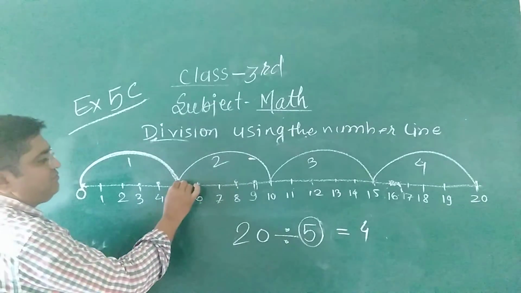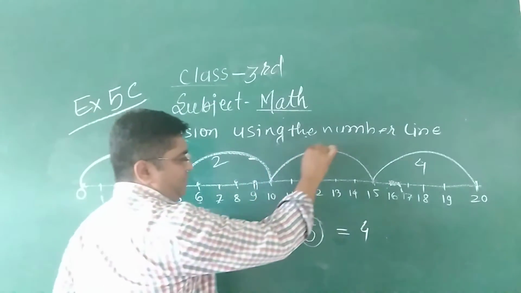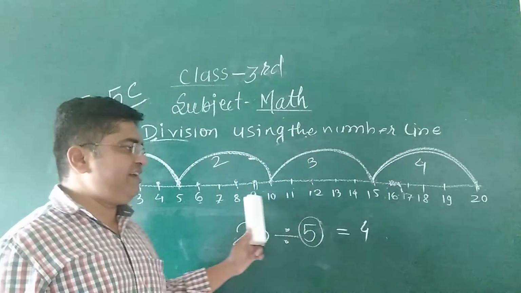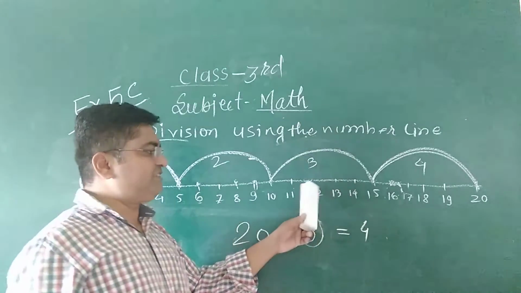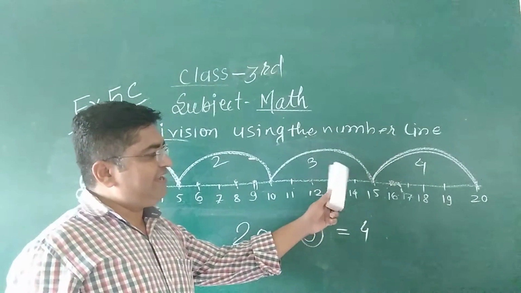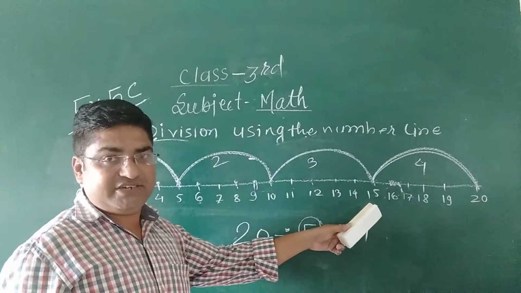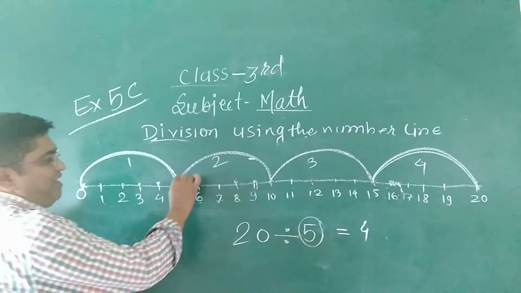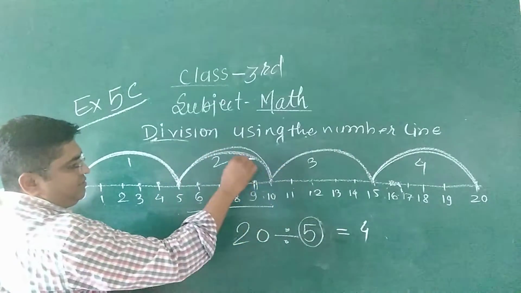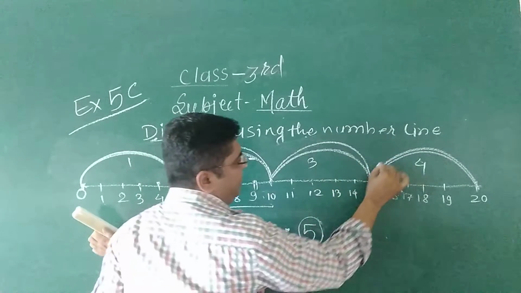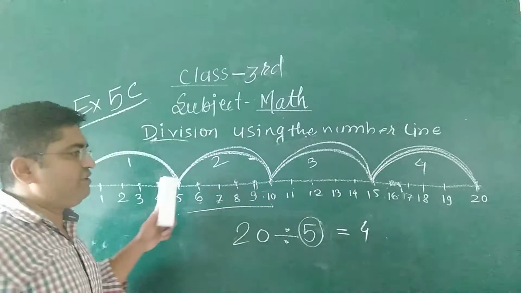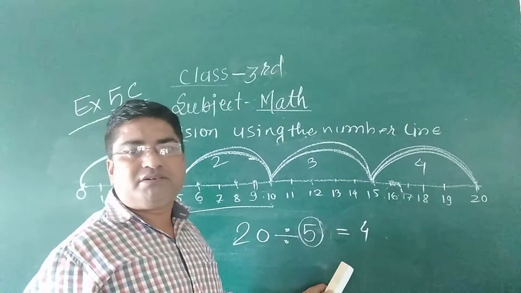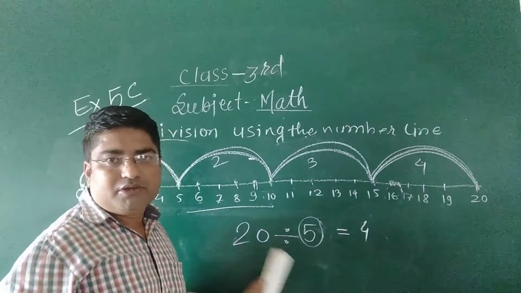Using 5, next 10, 15, meaning the numbers given on the number line, we have to divide by 5. We divide the number line so that it is divided by 5. Firstly we take the first 5 digits, next 5 digits is 5 to 10, next 5 digits, and up to the next 5 digits. In this way we have to solve. What is our answer? 20 divided by 5 equals 4. So note down it.